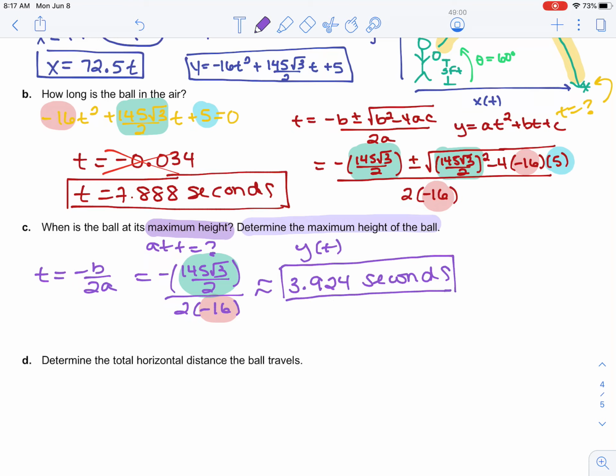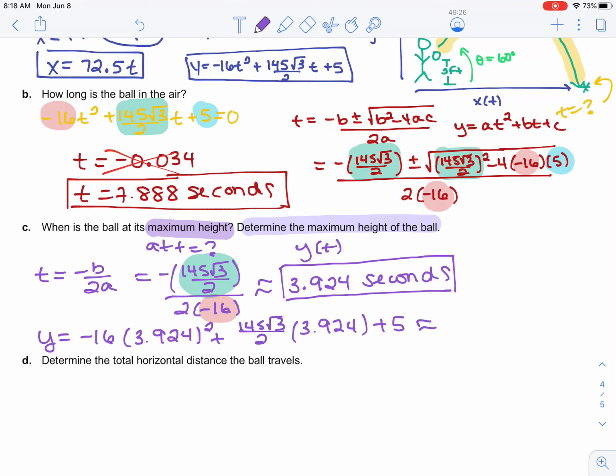Now we need to know what the highest point is. So we're going to take that value of time and plug it into our vertical distance equation. So we'll have y equals negative 16 times 3.924 squared plus 145 root 3 over 2 times 3.924, and then plus 5.